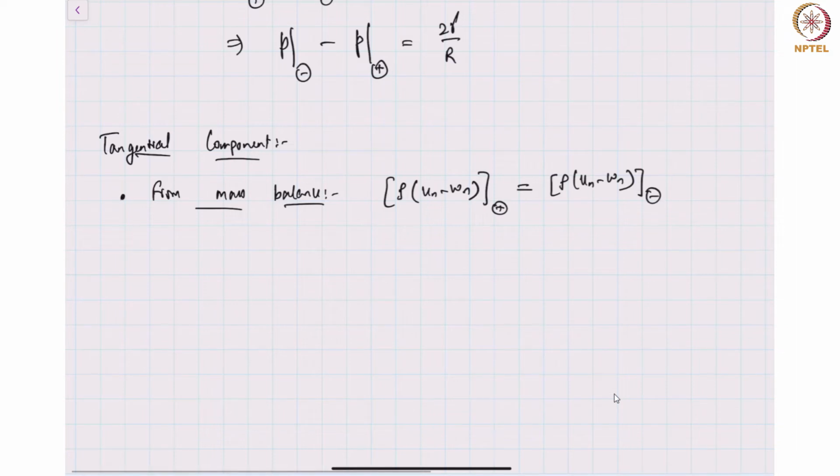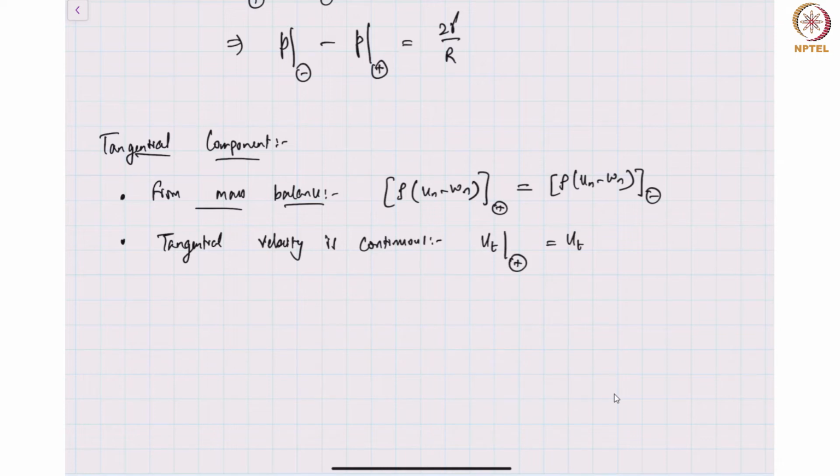Another thing to remember is that the tangential velocity is continuous. Therefore, u tangential on the plus side is equal to u tangential on the minus side. Um is also continuous, but it will not enter the discussion.